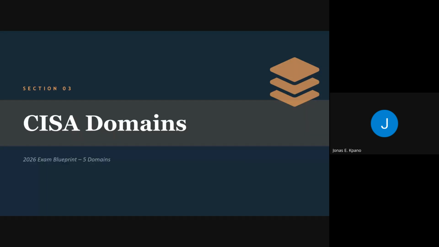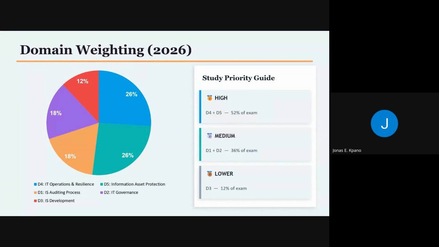So now I want to talk about the CISA domains. The exam is divided into 5 domains, each covering a key area of IT auditing and security. In order for you to pass the exam, you need a balanced understanding across all domains.